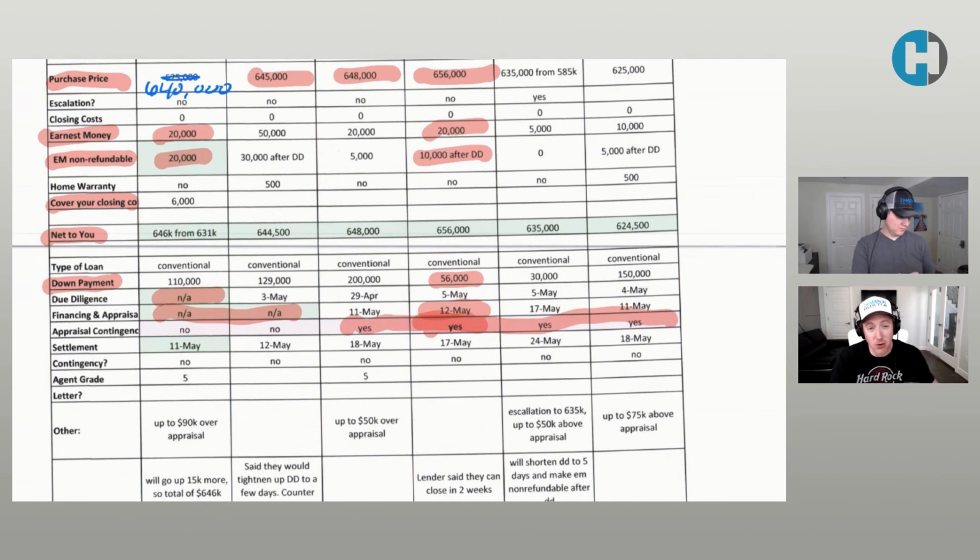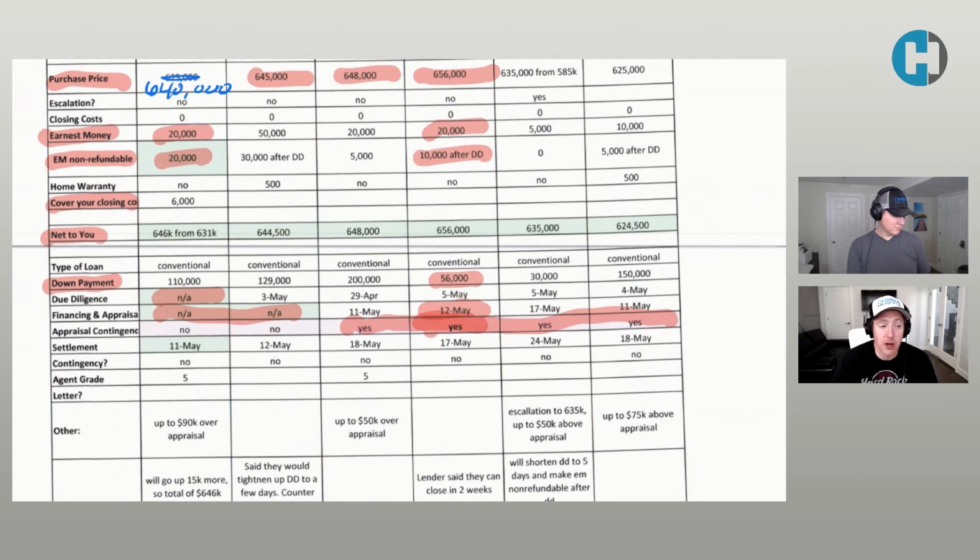Was he asking for a home warranty? No. He was willing to cover up to $6,000 in closing costs for us. That means he's really more like 646, because the other ones weren't going to cover any closing costs. So we're only sitting at about a $10,000 net difference.